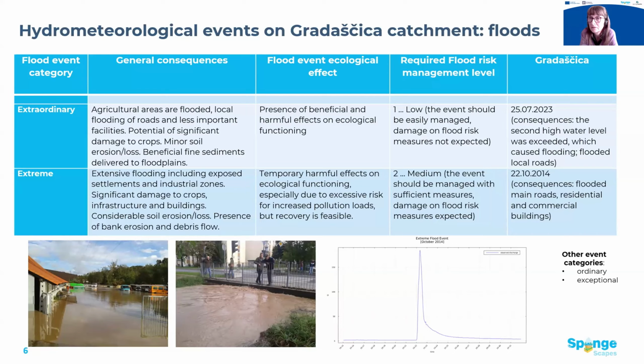It had quite strong consequences, flooded main roads and also residential and commercial buildings. You can see the Gradaščica River a few days after this flood event. On the graph, there is a 2 weeks period, so the last 2 weeks of October, and the peak on the 22nd of October is clearly visible.